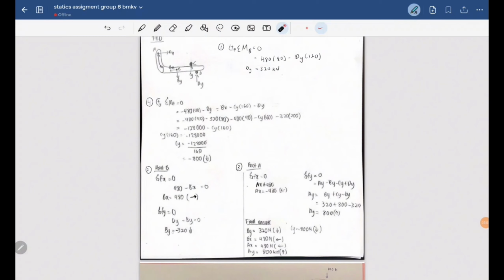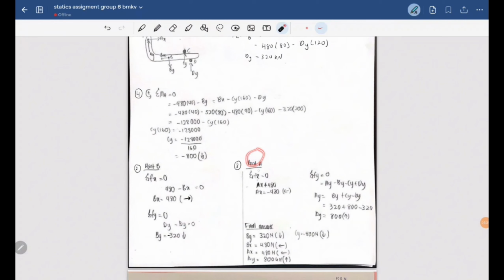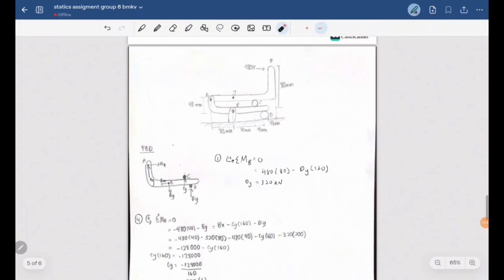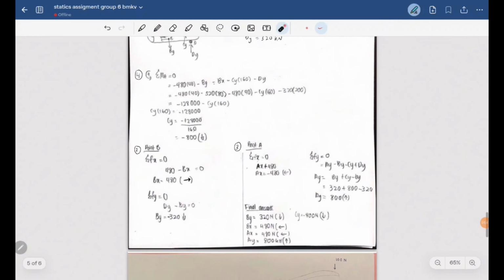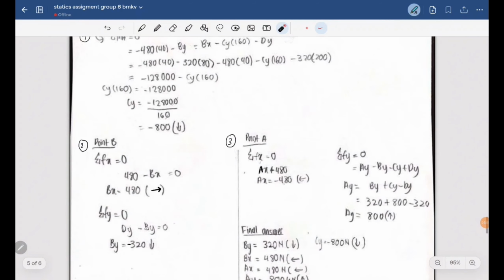So for by we got negative 320 downwards. For point A, Fx equal to 0, Ax plus 480 we got from here, and then Ax equal to 480 to the left.